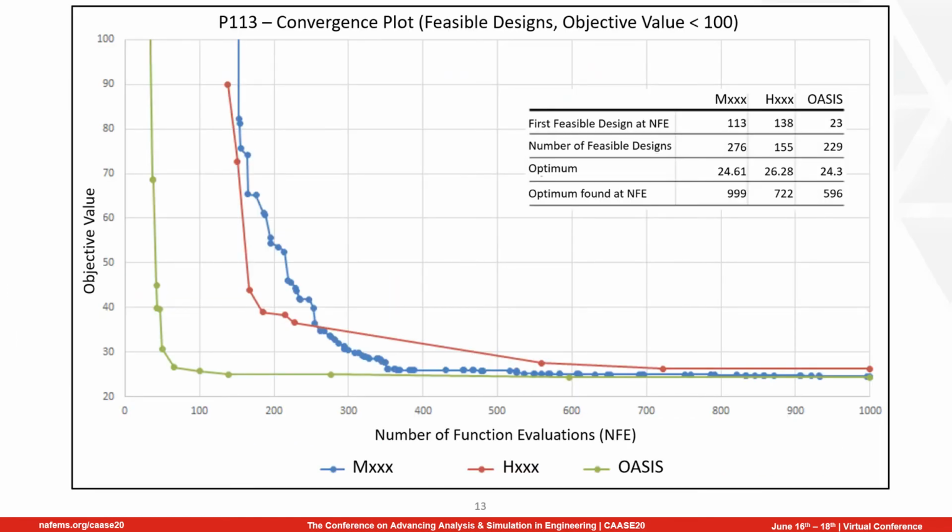Here we're looking at the convergence plot for the same benchmarking function, P130, for 3 commercial optimization softwares: Oasis and 2 other commercial tools.